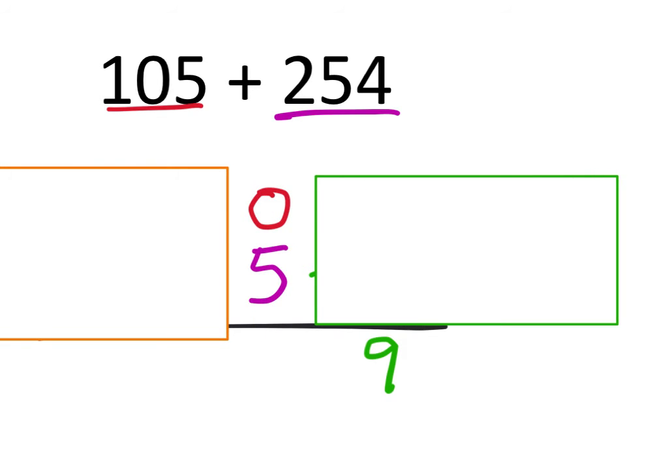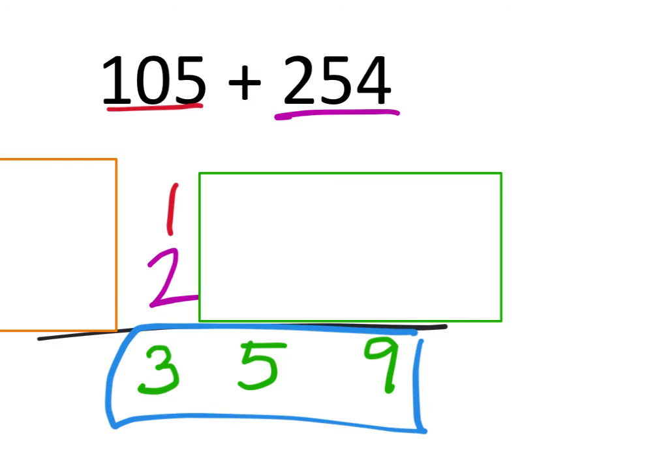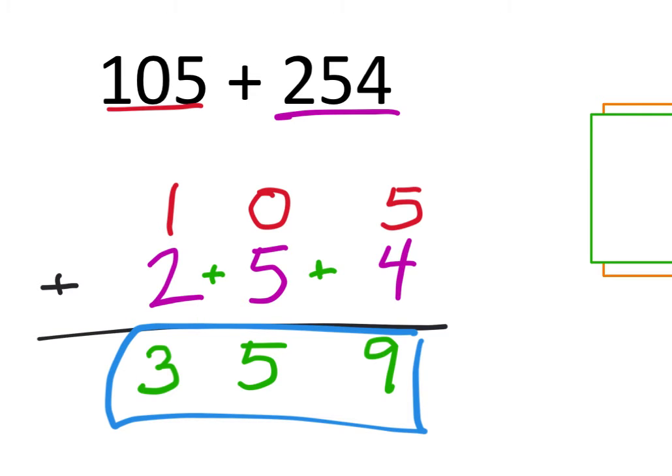And yeah, again, I can still ignore those other place values. 0 plus 5 is 5. Then I'll focus on the next place value. That's 1 plus 2, which is 3. So 359 is the sum of 105 and 254. There we go.